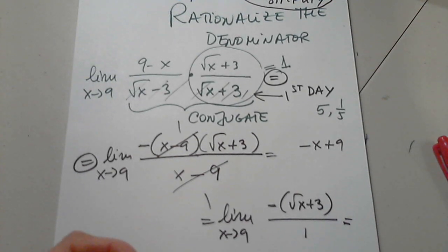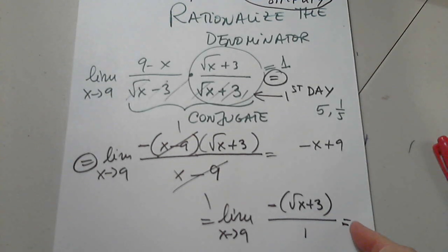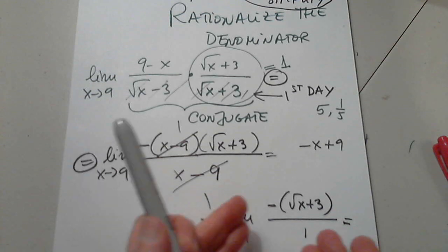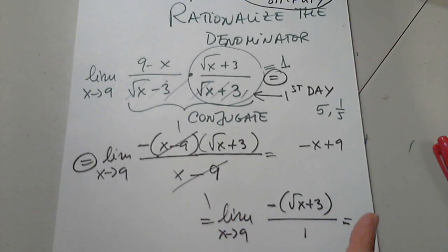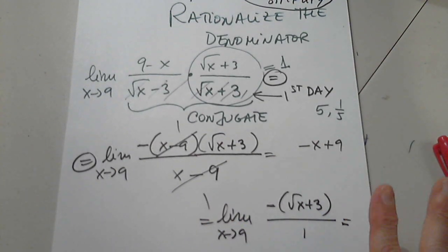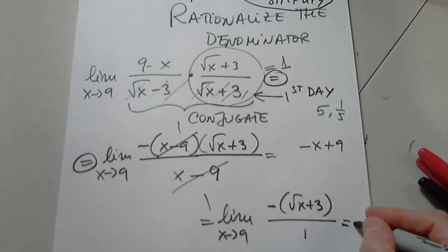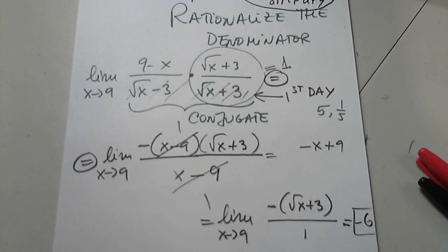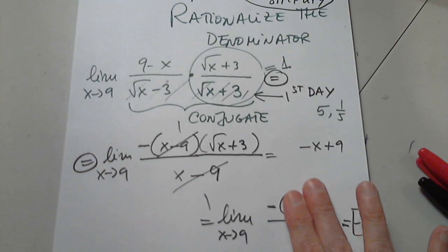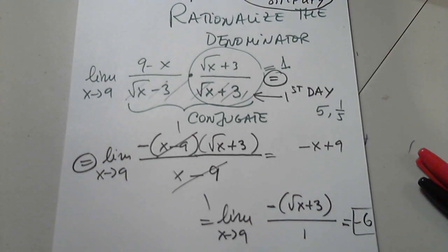So my cheap markers are getting dried out. So what do I write? Please, anyone? I'm applying the limit operator, and I need an answer. -6. Thank you very much. Who said that? Samantha. Thank you. That's it. -6. The square root of 9 is 3. 3 plus 3 is 6. 6 with minus in front, -6.